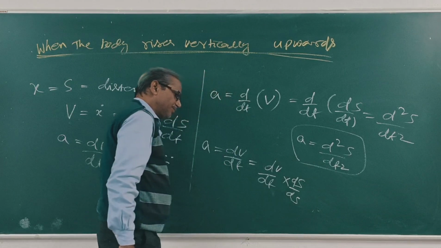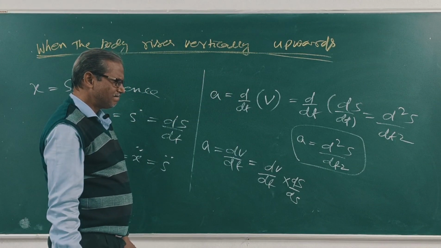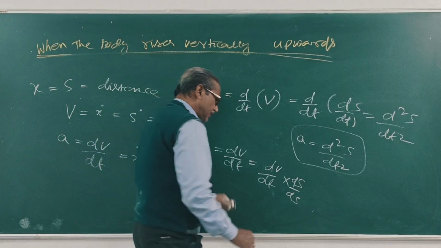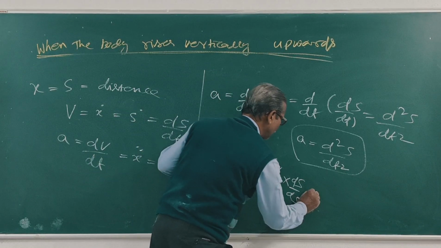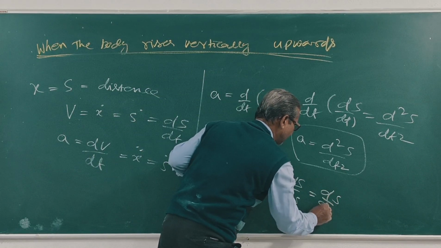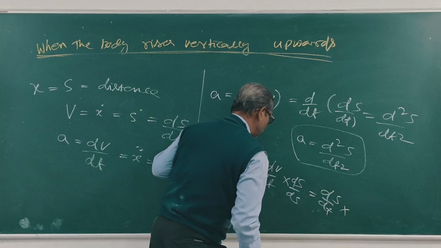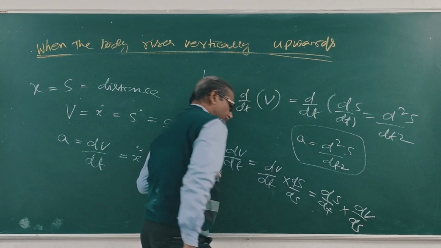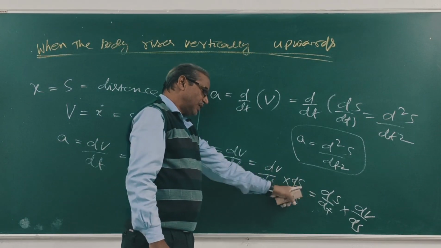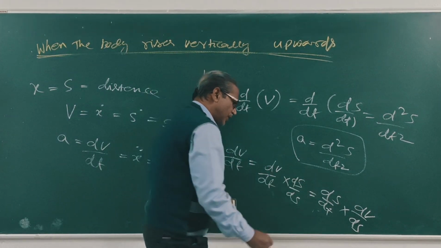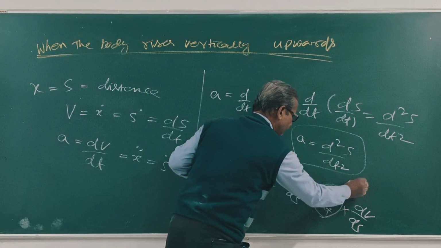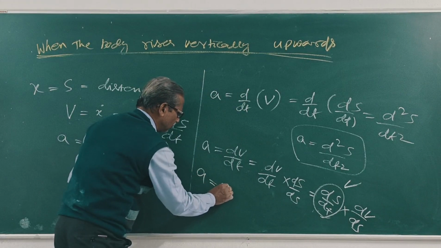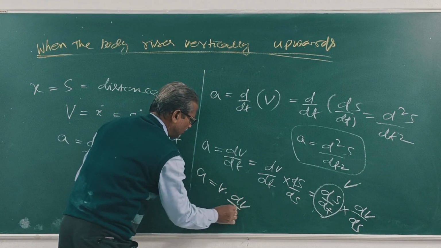Clear? Into ds by ds, right? This is equal to ds by dt into d by ds. Clear? So what is a is equal to v into d by ds.